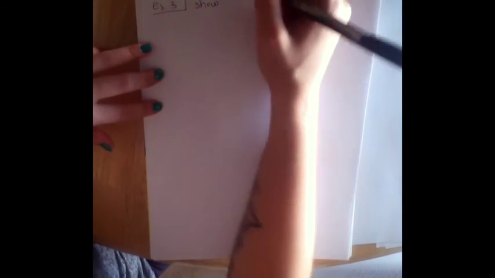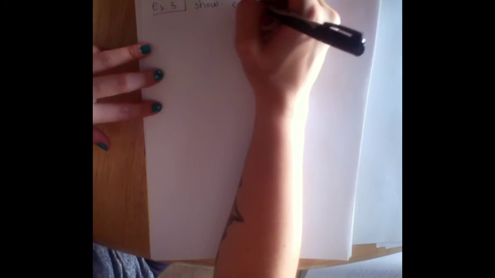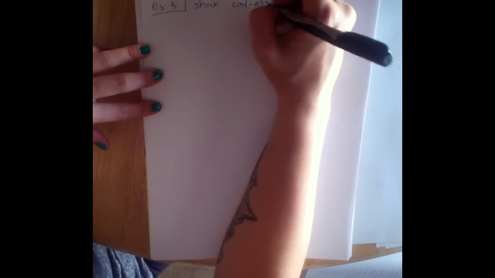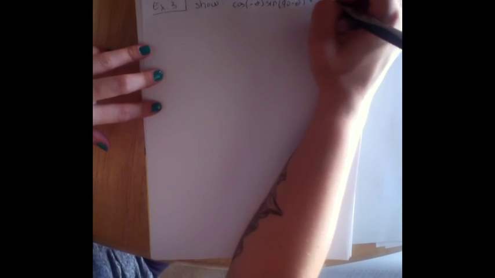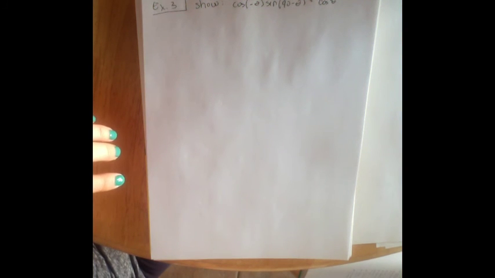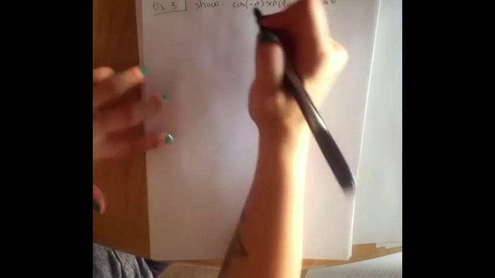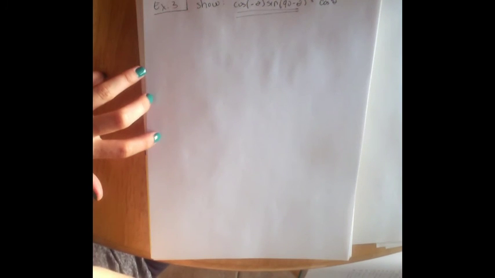We want to show the cosine of negative theta times the sine of 90 minus theta is the cosine squared of theta. Again, start with this side.